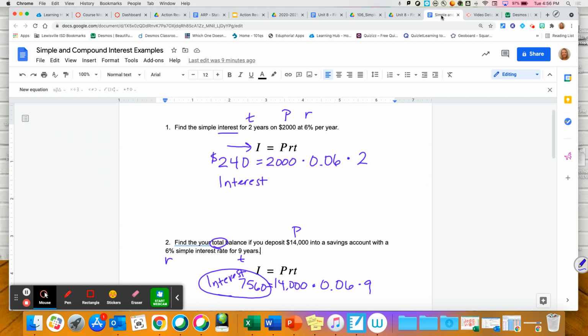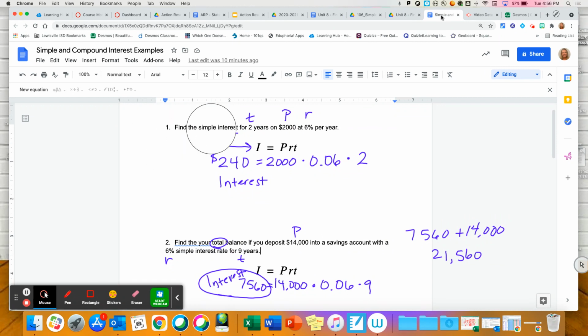Because it's asking for your total balance, you're not done with this question. So you need to take your interest of $7,560 and you need to add it to your initial balance, your principal of $14,000, in order to get your total balance of $21,560.